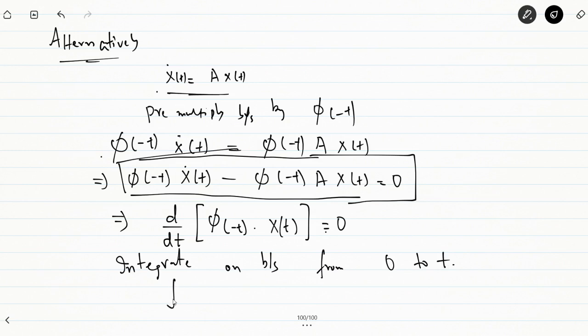So integral 0 to t of d by dt of phi of minus t into xt dt is equal to 0. Fine. So dt and dt cancel. So this is the integral applying the limits.